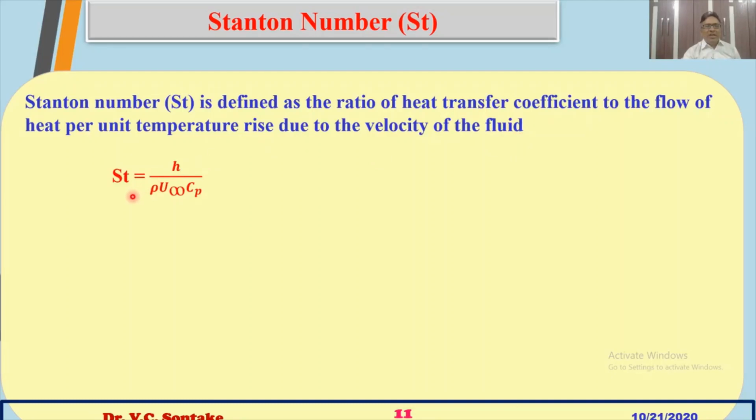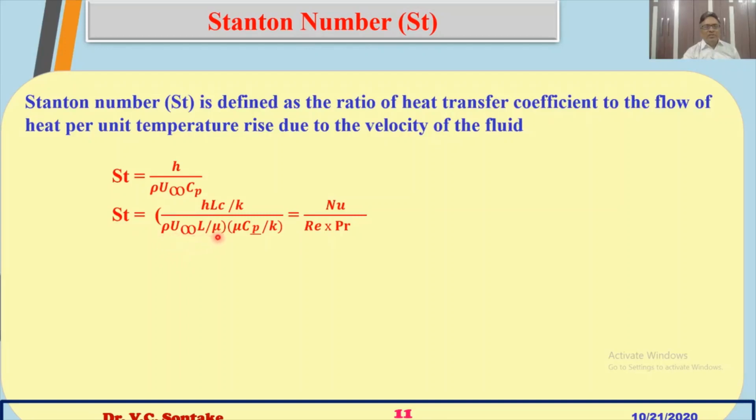Mathematically, Stanton number is equal to h over rho into U infinity into Cp. Or I can also simplify this: Stanton number is equal to hL over k, times mu over rho U infinity L, times k over mu Cp. So this is nothing but Nusselt number.